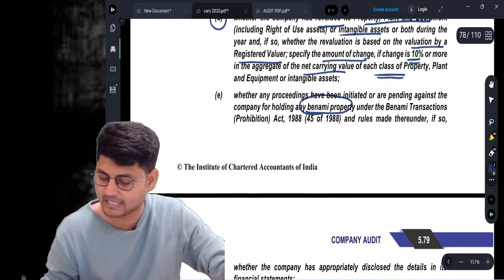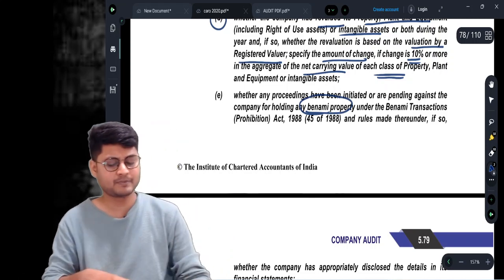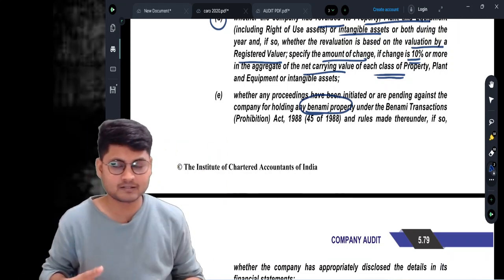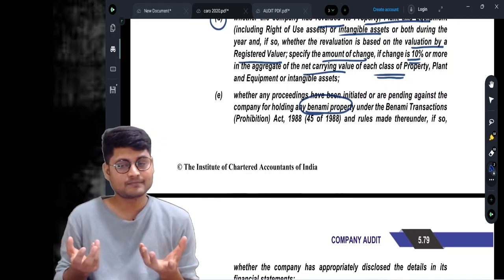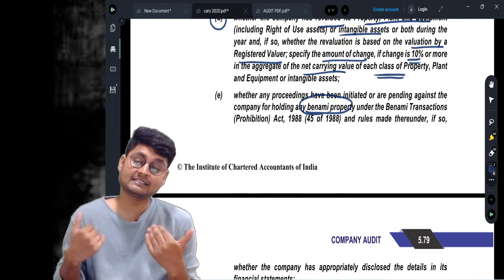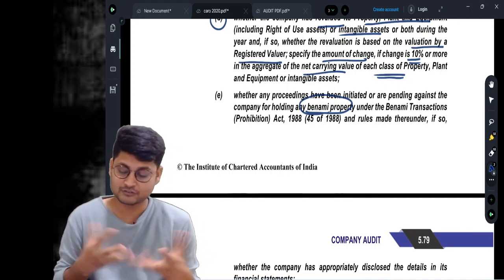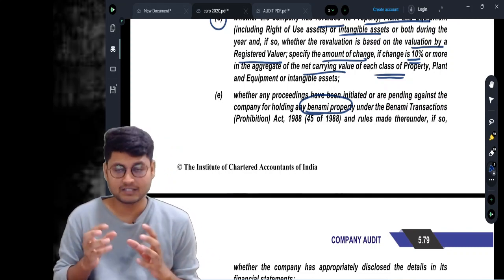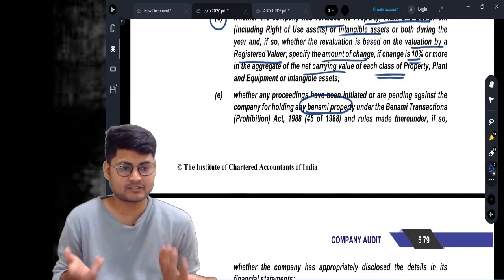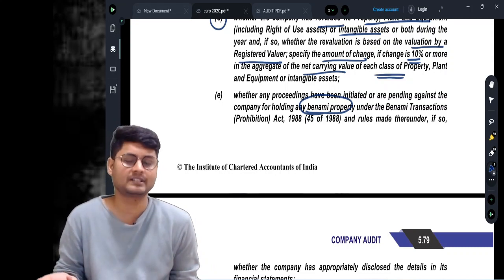It talks about benami property. What is benami property? Someone else's property is held by the company. There is an asset where the beneficial owner of that asset is someone else, but the company is holding that as a benami. This is called a benami transaction, which is actually prohibited. If it is not the asset of the company, then it shall not hold it.